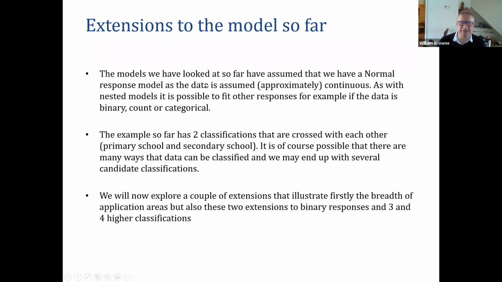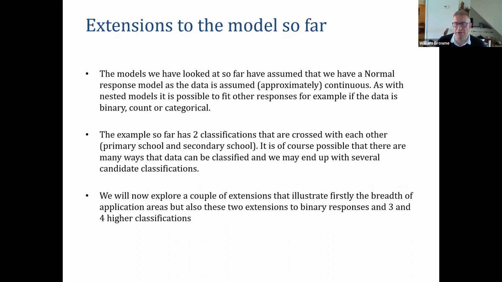So these are extensions, and as I've said, the models we've looked at so far have really assumed we have a normal response. The response variable, and in fact the residuals from the model fit, follow normal distributions. In other words, the data has to be approximately continuous. But as with the nested models that you'll be more familiar with, and linear models more generally, it's possible to fit other response types.